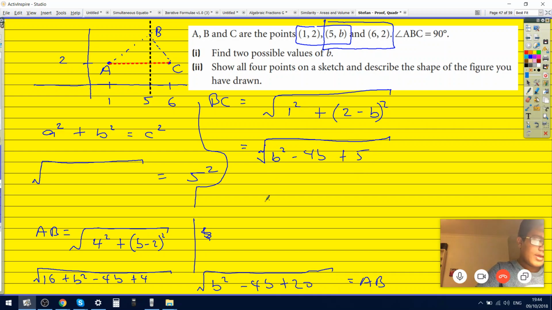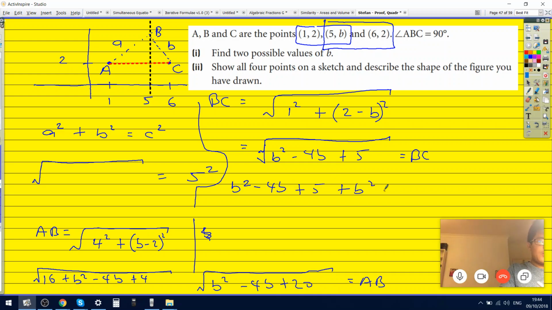So that is BC. If we do a squared plus b squared equals c squared, AB could be A and BC could be B. What happens when you square a square root? You have the same number. It cancels it out.